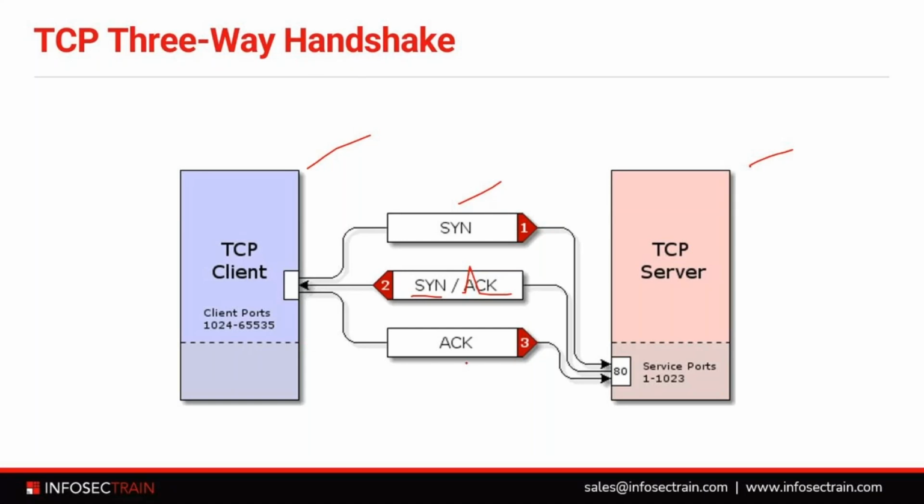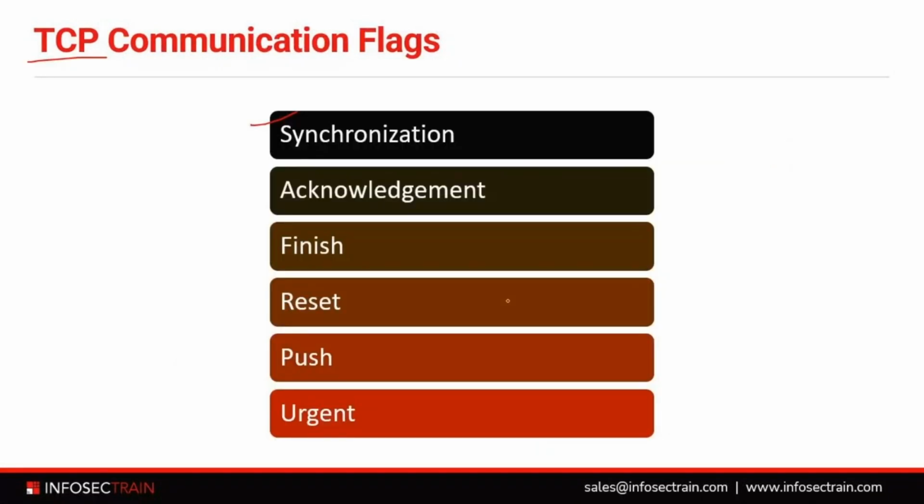And the client will then send an acknowledgement, and this process is called the three-way handshake. After this process, your communication starts. So that is where your synchronization flag is used.